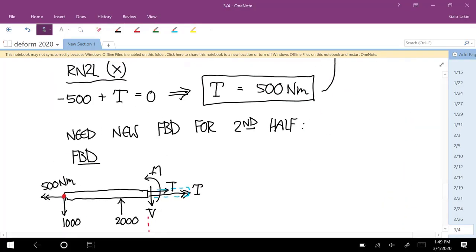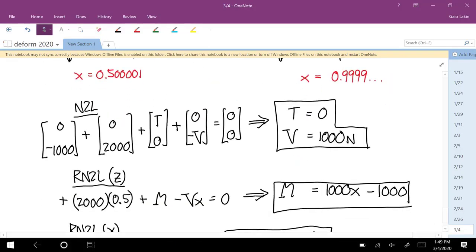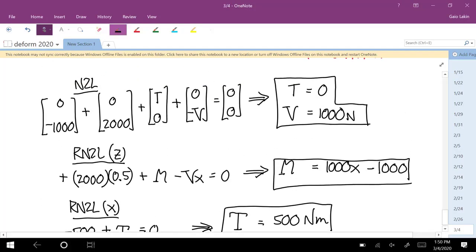And so the first one we did, we got these functions that were valid for x between 0 and 0.5. This time we got these functions that are valid on the interval x between, what are the values here? 0.5 and 1. And all together, those make a piecewise function.